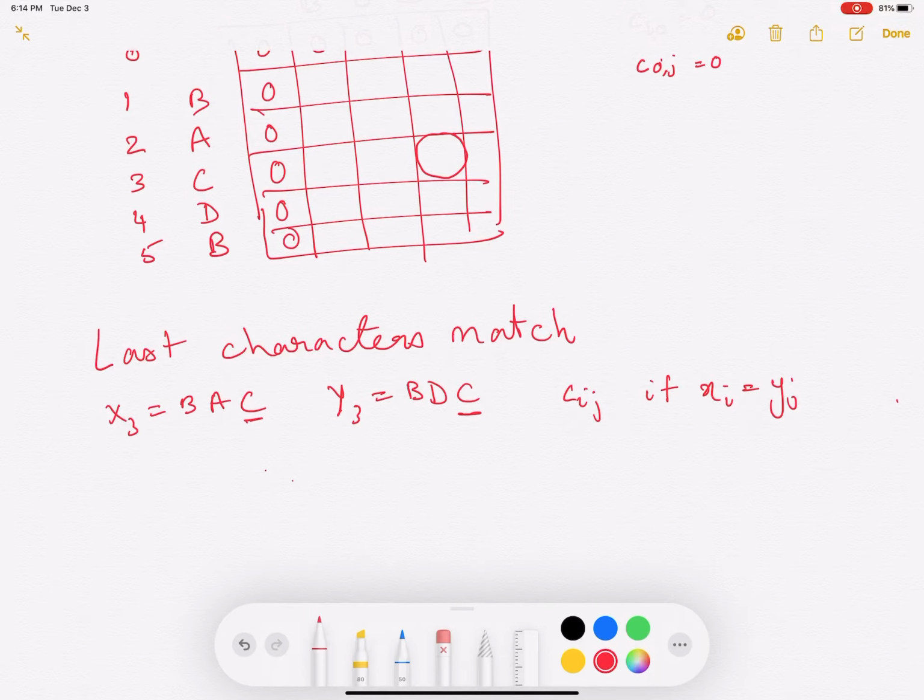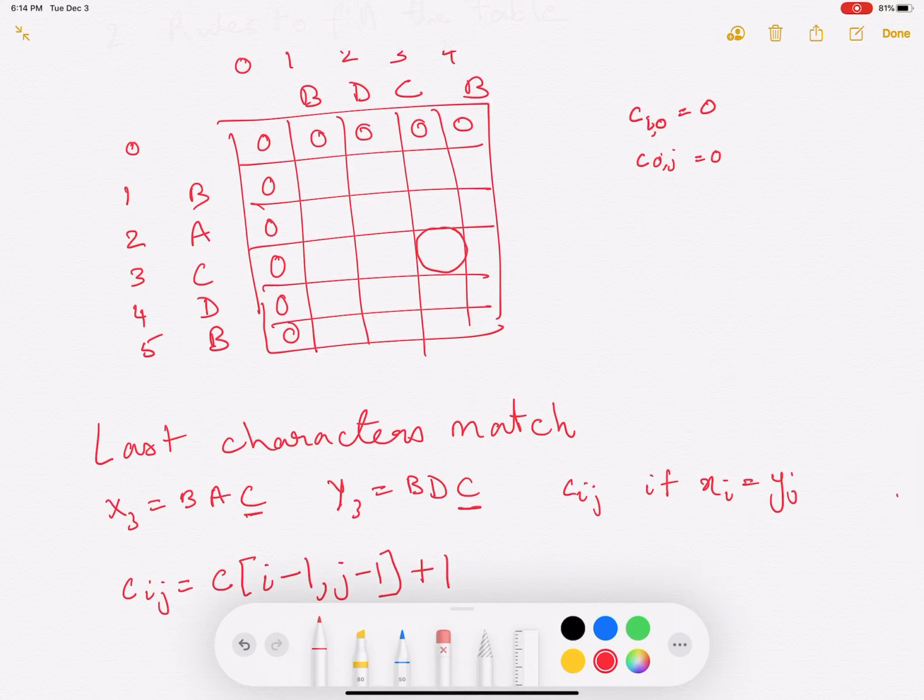So Cij, the length for the ith row and jth column, you can get that length of the longest common subsequence if you look at Ci minus 1, j minus 1 and add 1 to it. Just to understand, when you're trying to fill this circle here, you know these places already.